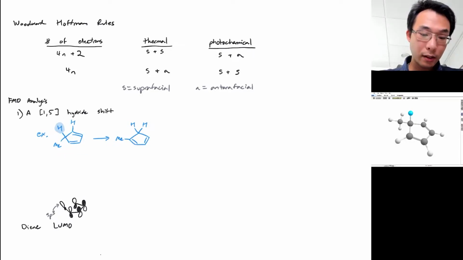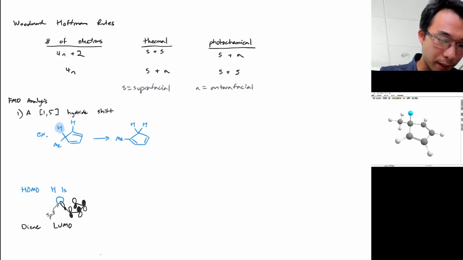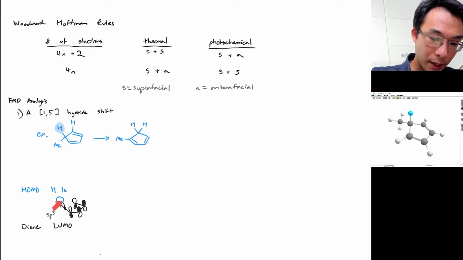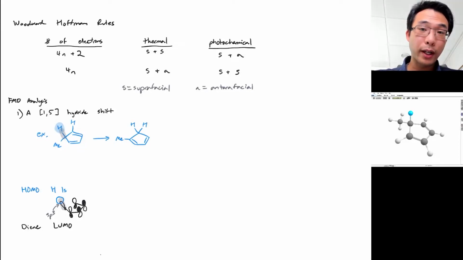That's my LUMO. And the HOMO is going to be the hydrogen's 1s orbital, because that's the occupied pair that's part of that sigma bond. To be clear, I'm referring to that carbon-hydrogen bond way out here, and that is made up by a hydrogen 1s overlapping with a carbon sp3 orbital.